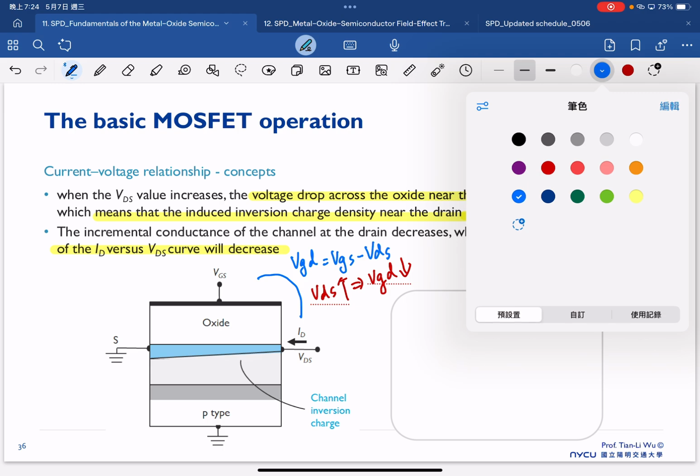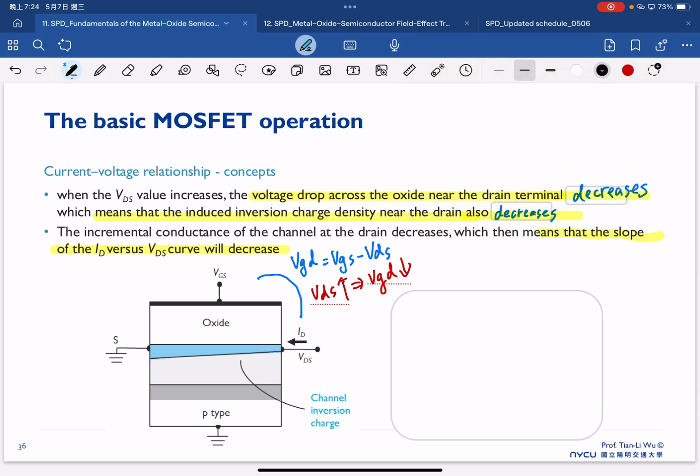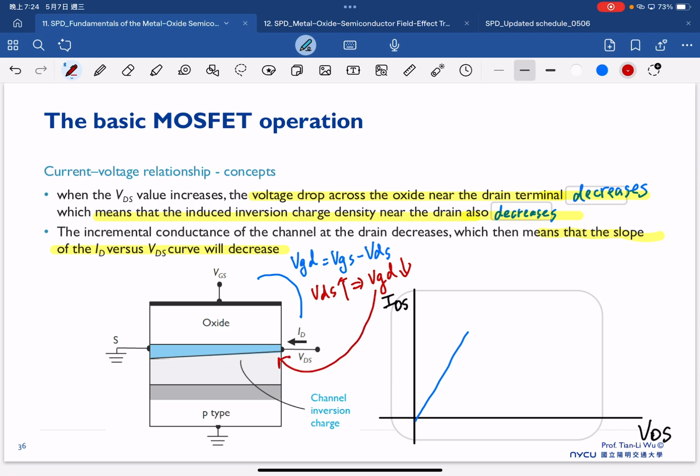So what does this mean? This means if we look at the ID, IDS versus VDS characteristic, then in the last slide we mentioned in the beginning that with a smaller VDS we have a linear correlation, but now because of the VGD decrease, the inversion charges here decrease.